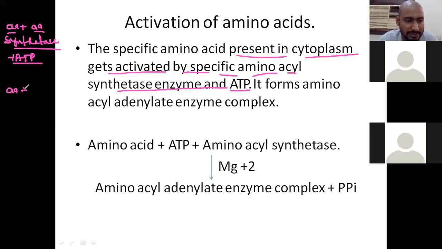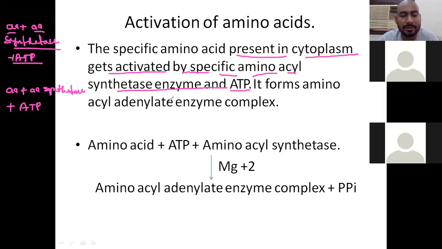This is the amino acid. Firstly, the aminoacyl synthetase enzyme. Along with this, ATP is also needed, because if it has the energy, then this amino acid can bind. Otherwise, it can't bind.